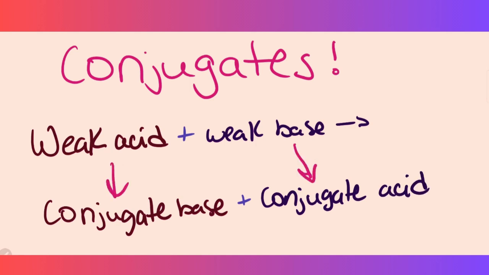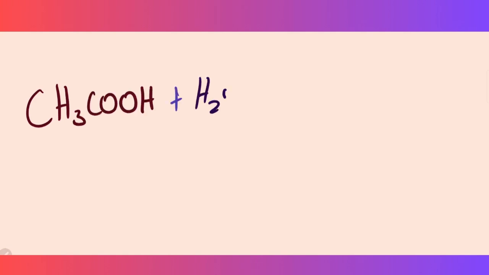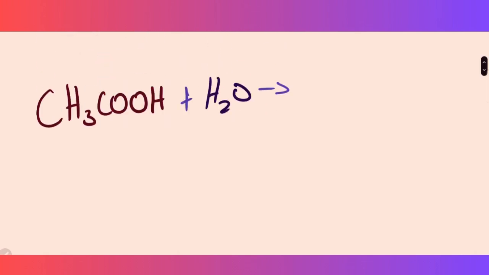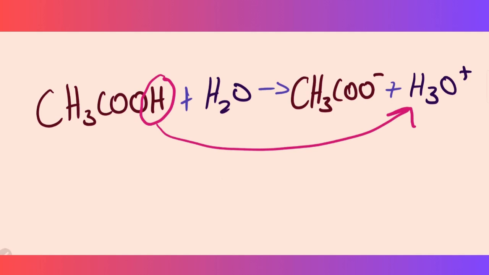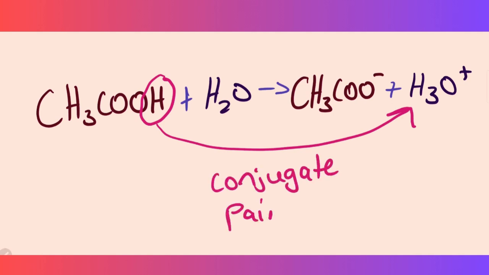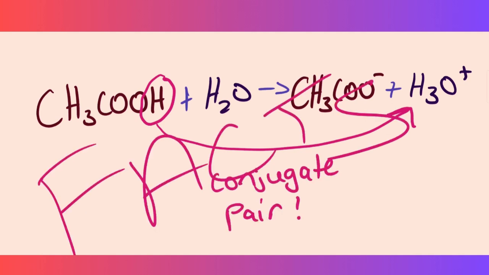An example of this would be if we were to take a weak acetic acid and add to that water that's acting as a base to get acetate and hydronium. So in this case, this hydrogen here is given to the water to make hydronium. This is an example of conjugate pairs. And that's just more facts.